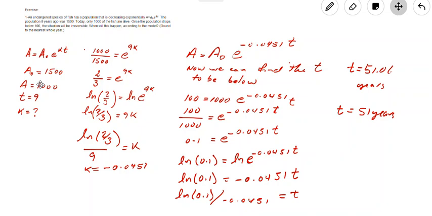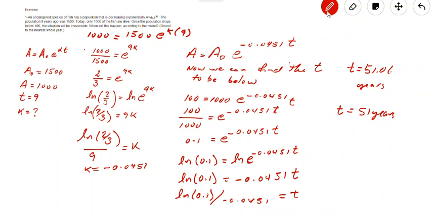So we substitute A by 1,000 equals A sub 0, that is 1,500, times e to the power of kt, where k is unknown and t is just 9 years.